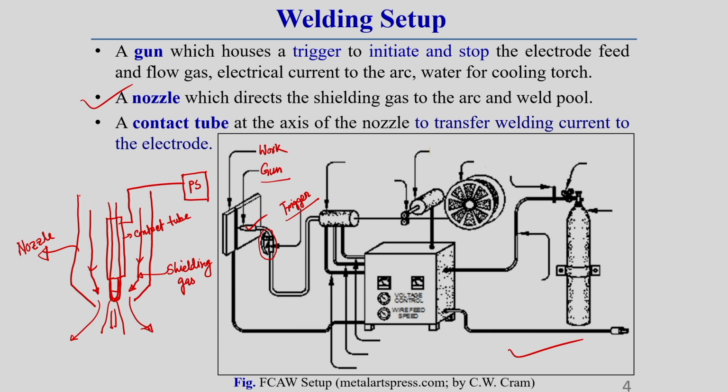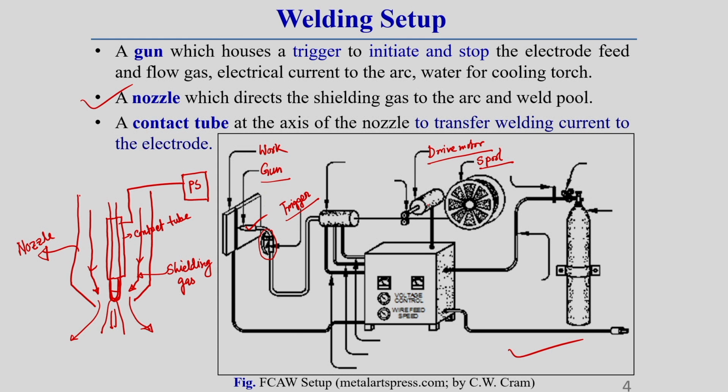Now, you see, one by one I am labeling, then it will be very clear to you. This is called the drive motor. This is a spool, which coils the consumable electrode, and the electrode is continuously fed from this coil by using the drive motor.